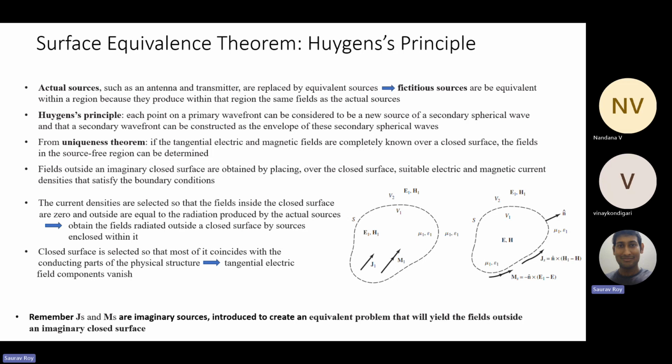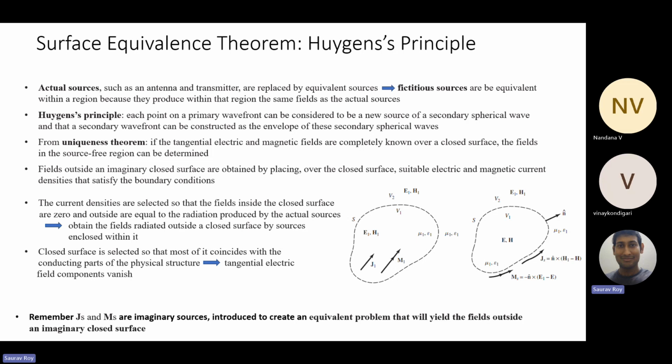Now you see, this surface itself is imaginary. What we cover it with, PEC or PMC, is also imaginary. But what we need to calculate, E1 and H1 outside, is real. All the rest of the things are imaginary, and it happens only in calculation, not in reality.